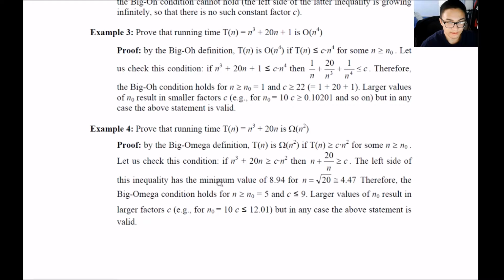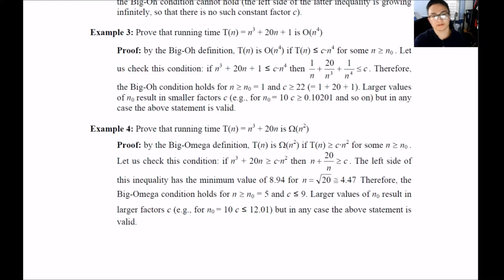The left side of the inequality has a minimum value at n equal to the root of 20. If you had root 20 plus 20 over root 20, that's 4.47, therefore the big O holds for n greater than or equal to n naught equal to 5, and c less than or equal to 9. Oh! Okay. Yeah, cool. That's neat.